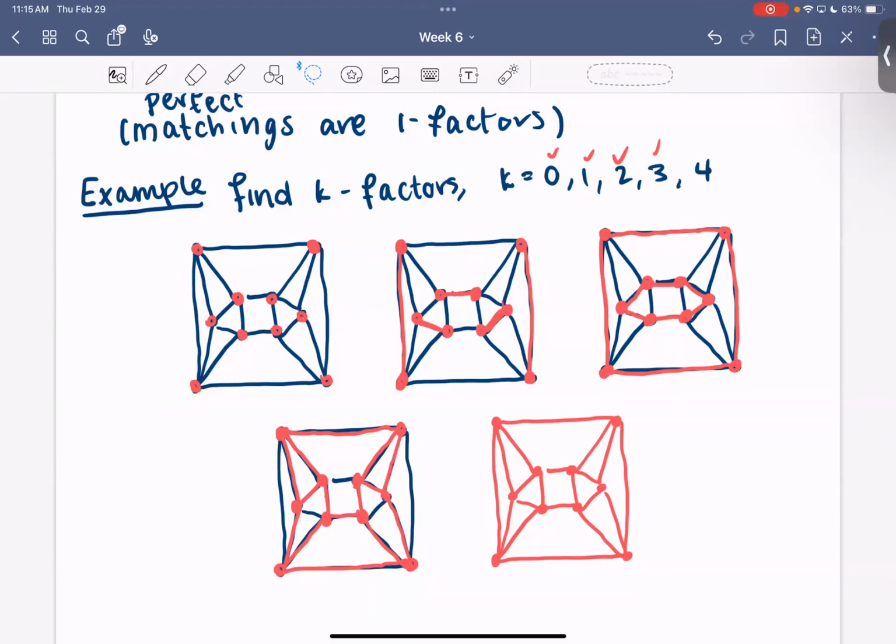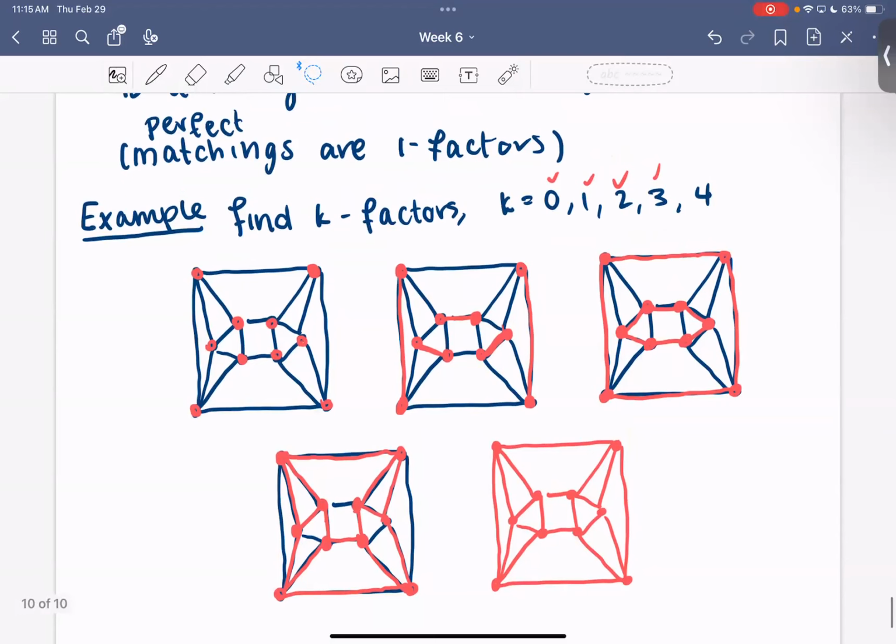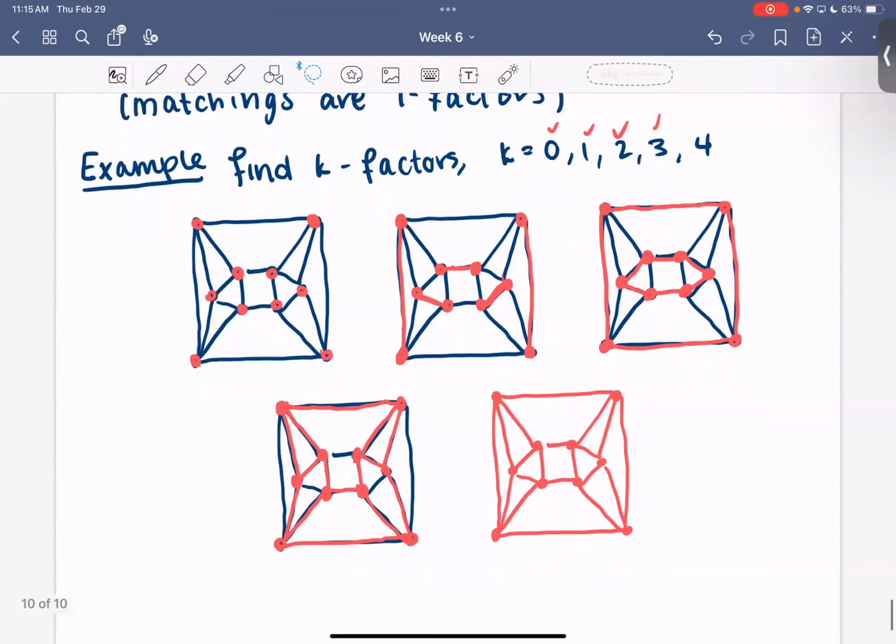Okay, so as we've observed, the edges of a 1 factor give you a perfect matching. And so the question that we've been looking at is, for bipartite graphs, when do we have a 1 factor?